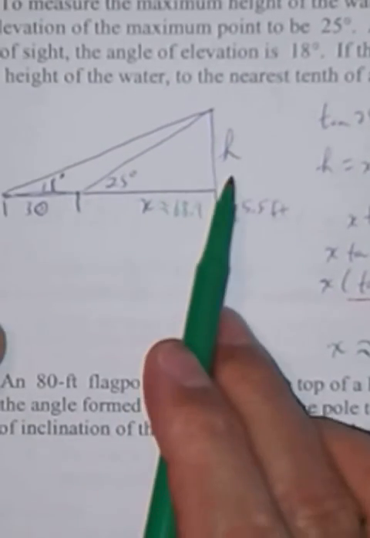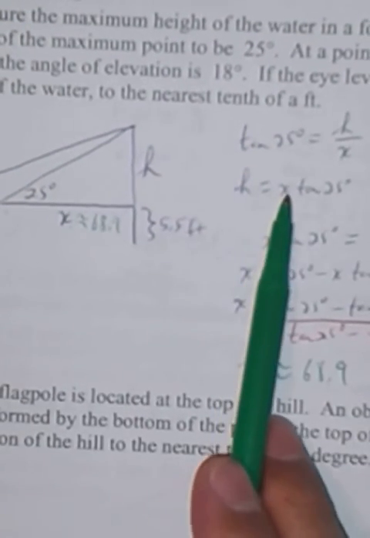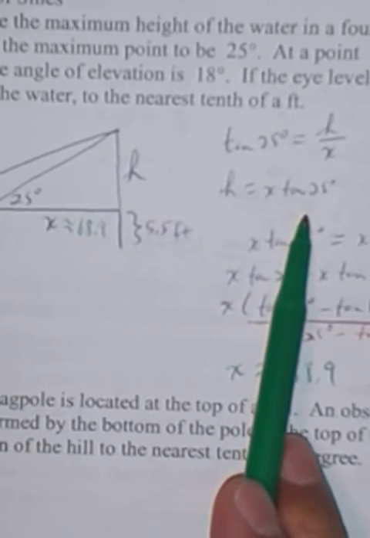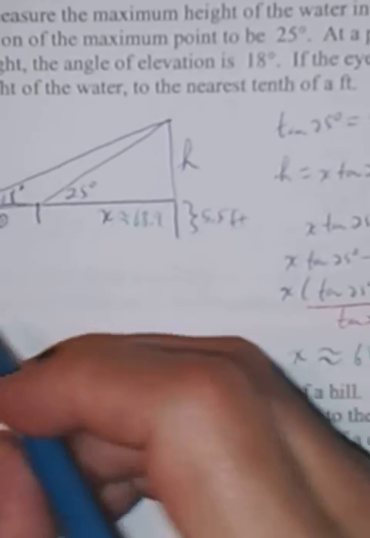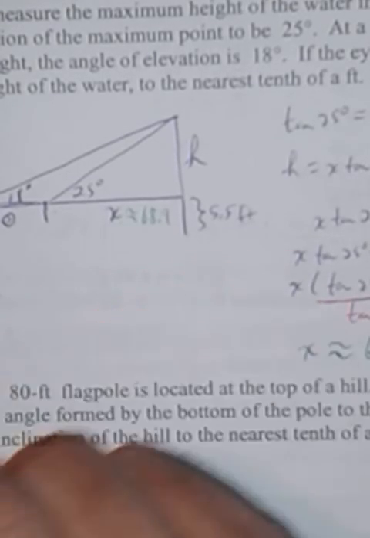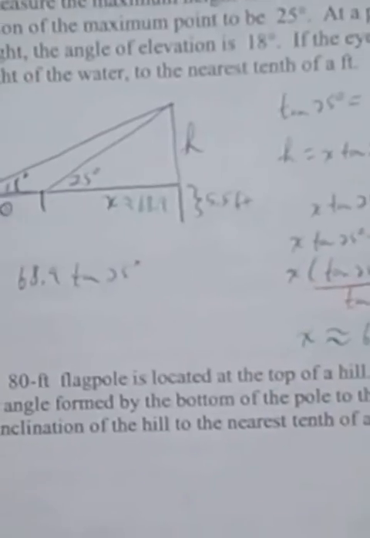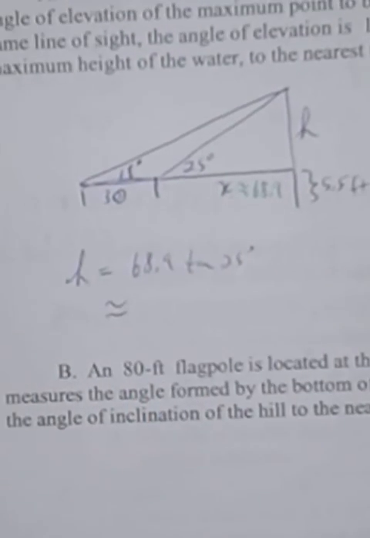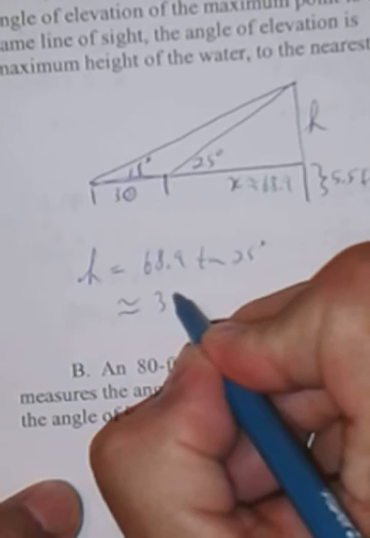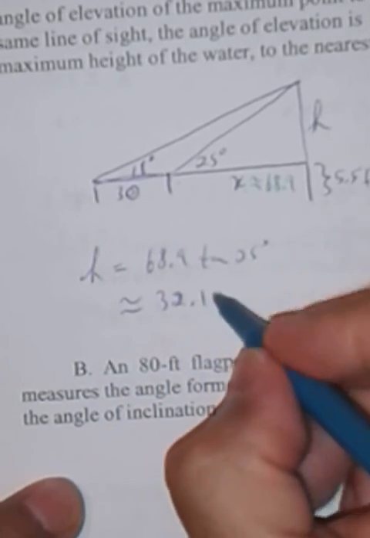Okay, so we want to find h. Remember, we can find h if we know x. h is x times tangent of 25. So h equals 68.9 times the tangent of 25 degrees, which is approximately, tangent of 25 degrees times 68.9, and I get 32.1 feet.